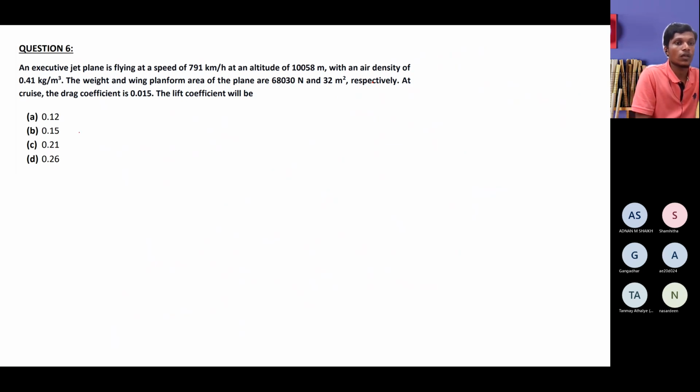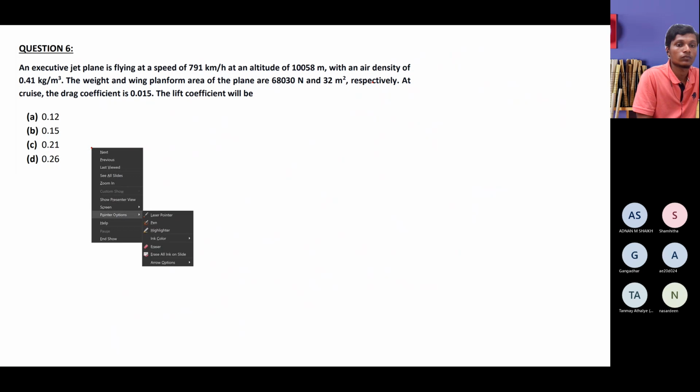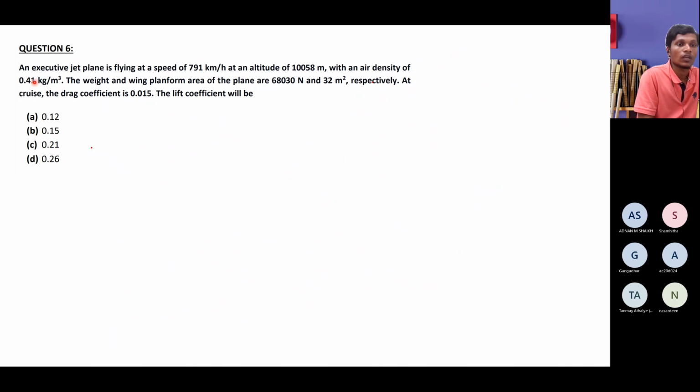Question number 6. In this question we have an executive jet plane. An executive jet plane is flying at a speed of 791 kilometers per hour, at an altitude of 10058 meters with an air density of 0.41 kg per meter cube.